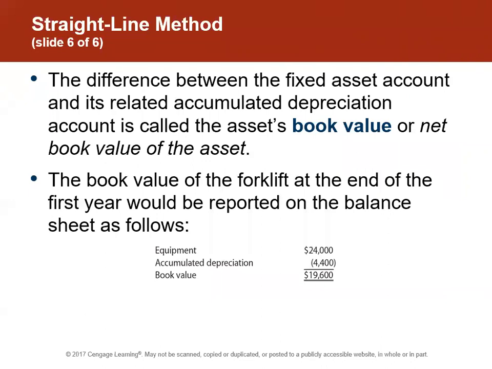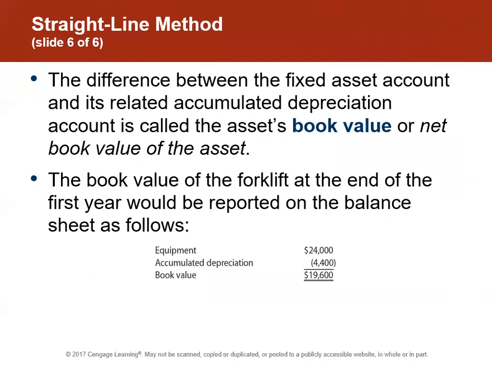So the book value or net book value. This book value is what would be listed as our asset on our balance sheet under long-term assets. You would actually see the forklift minus that accumulated depreciation. So the book value is what we report on the balance sheet as our asset because that's how we have it currently valued.